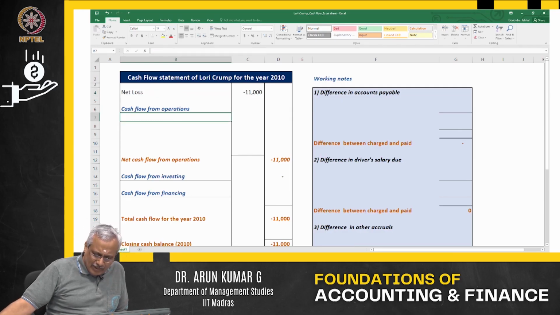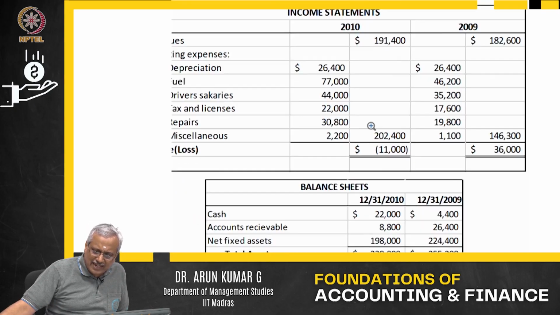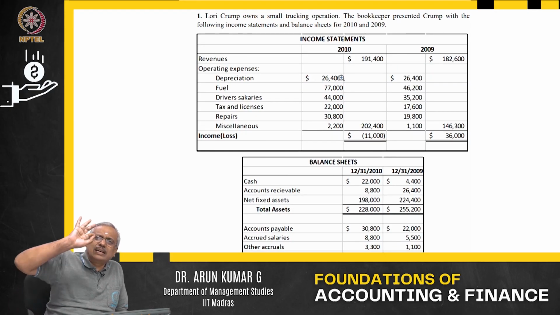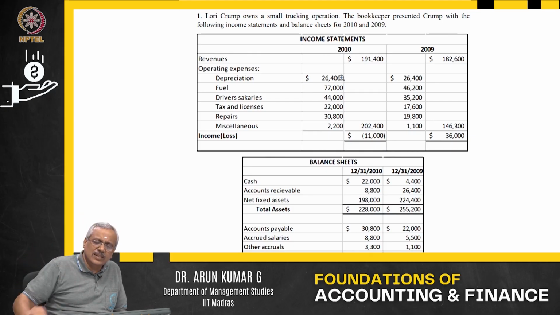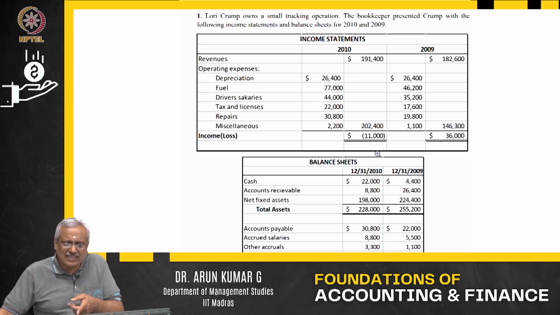If you look at this particular problem, the 11,000 loss is arrived at after deducting depreciation of 26,400. Depreciation is a non-cash outflow, a non-cash expenditure. So they have deducted a depreciation of 26,400 and arrived at a loss of 11,000.